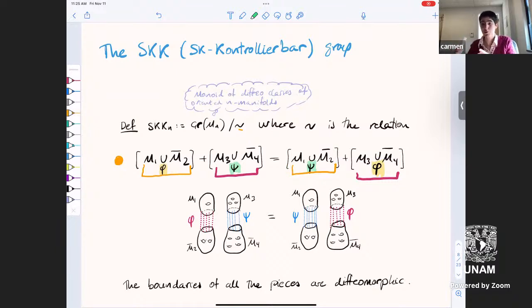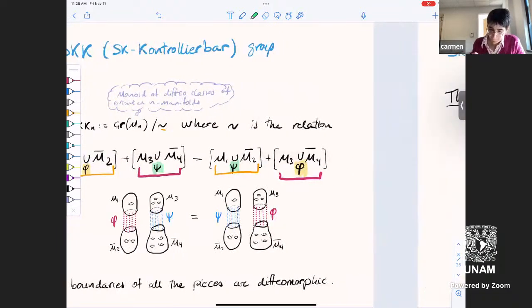So when you do your relation, you keep the same pieces. You're just swapping your diffeomorphisms, and you can do that because all the boundaries are diffeomorphic. So now you have a slightly more difficult relation, but you can establish it, and then you get what's called the SKK group.